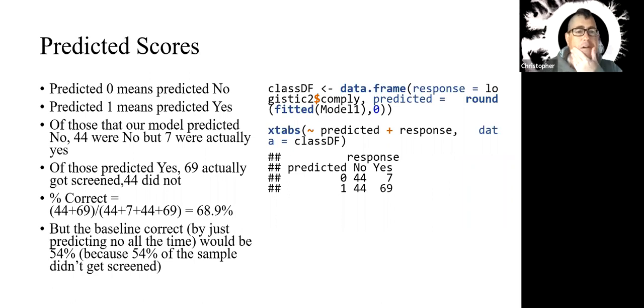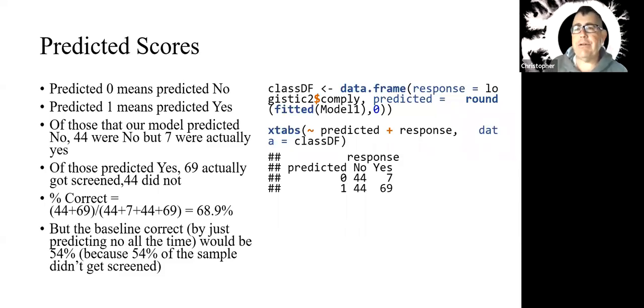What's useful here is first calculating the percent that we actually got correct. That's just 49 plus 69 over the total number of people. So we got about 68.9% correctly classified. One thing that is useful here is not looking at that and saying, wow, 69% is good.